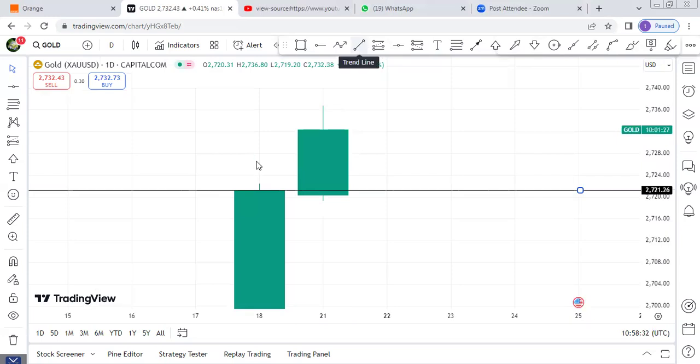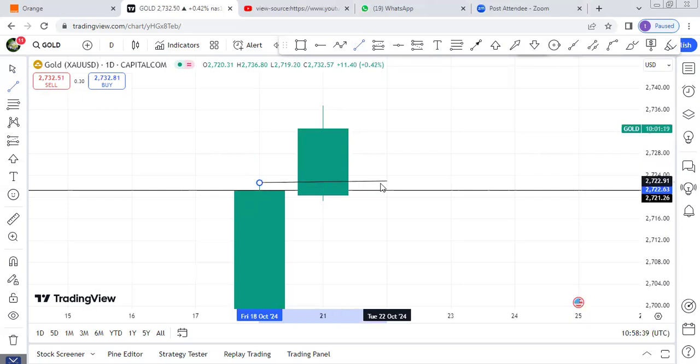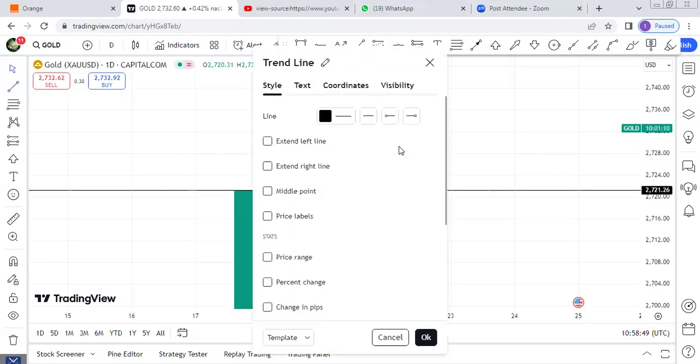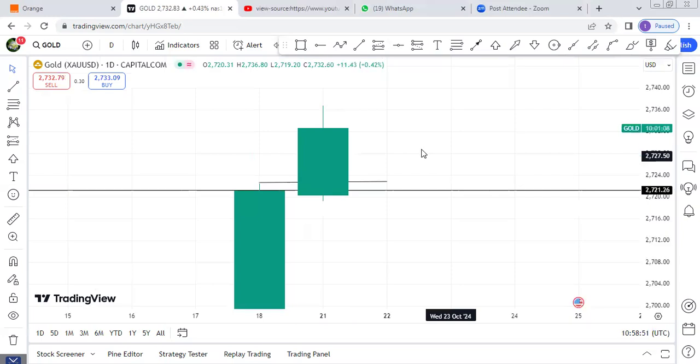This was a liquidity sweep from this level. Okay, I'm just going to mark it with the trend line so that it can be very nice. This is our liquidity sweep from this level.